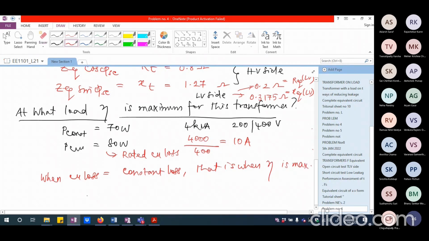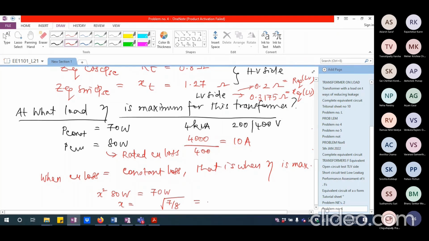So I want copper loss, X square times 80 watts, to be equal to 70. So X is equal to the square root of 7 by 8. This is the fraction of the rated load under which the efficiency will be maximum. Do you understand?